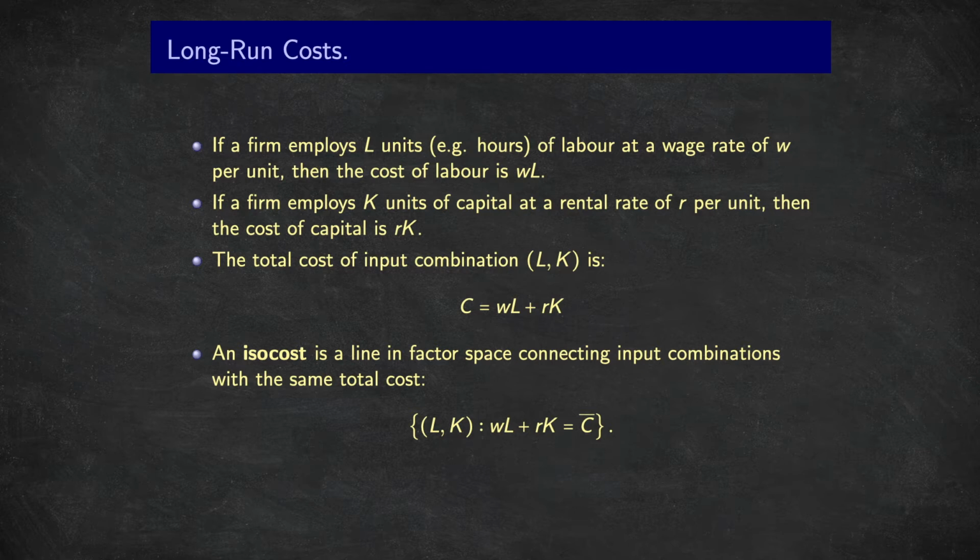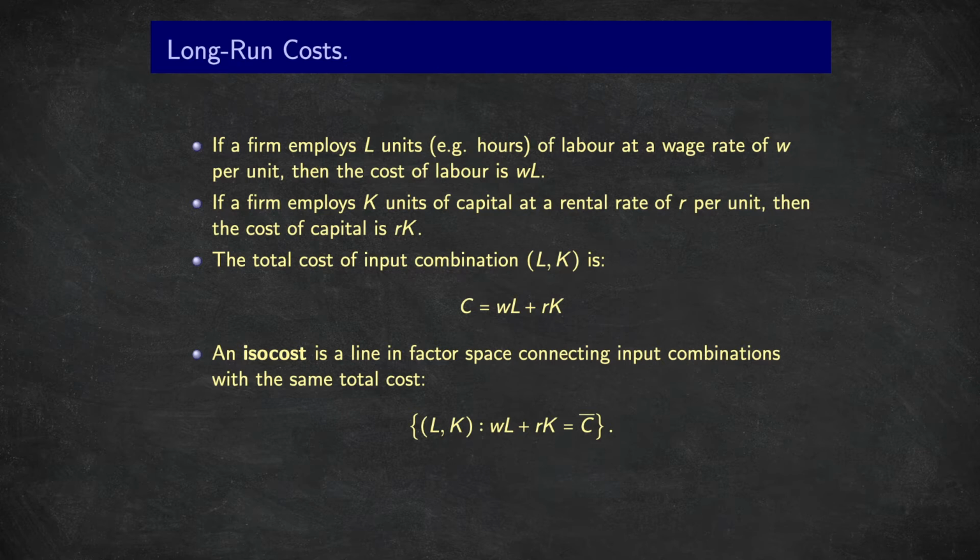A tool that we will make extensive use of as we work towards solving this cost minimization problem, and the construction of the total cost function, a function of output, is called an isocost. As with isoquant, iso means single. So an isocost is a line which connects all different combinations of labour and capital that yield the same total cost.